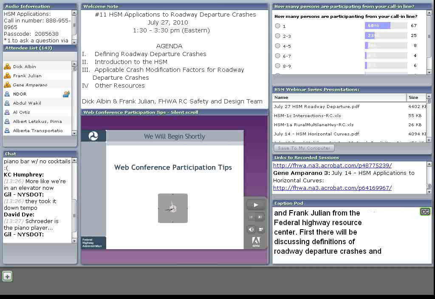And if you've participated in some of the previous webinars, some of this information may be a repeat for you. But for those who were not able to attend the previous webinars, we feel that it's still worthwhile to present this information again just for their benefit. And then they'll be discussing crash modification factors for roadway departure crashes, and we'll also be looking at some other resources.